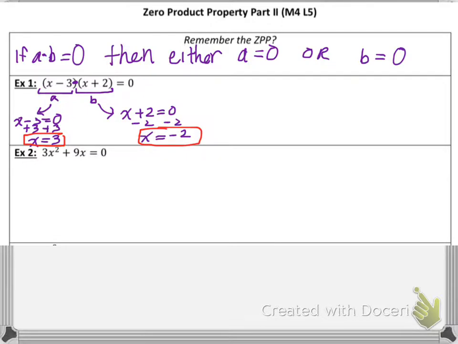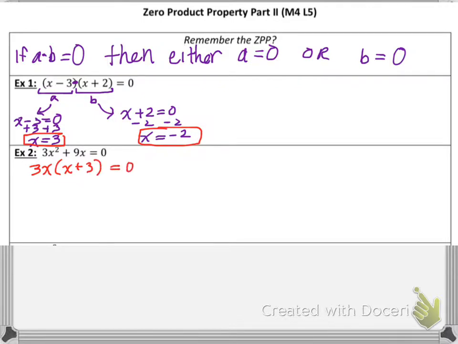Taking a look at this polynomial, 3x squared plus 9x, I want to keep my flowchart in mind and first think, is there a GCF here? The answer is yes, it's 3x. So I would factor out a 3x. What's left over is x plus 3. And that's all equal to 0.